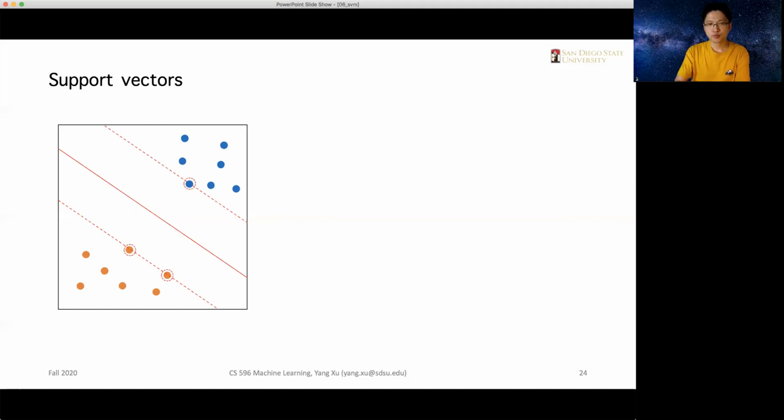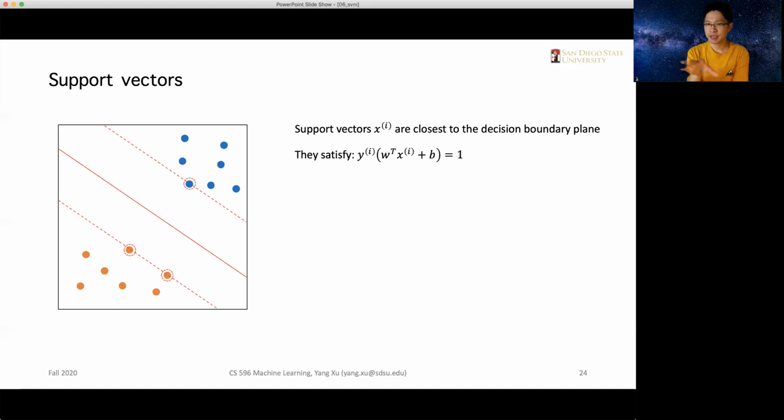In this case, the 3 data points here in red dotted circles are the so-called support vectors, because they are closest to the decision boundary, and for them alpha is greater than 0. They satisfy that yi times (W transpose xi plus b) must be 1.